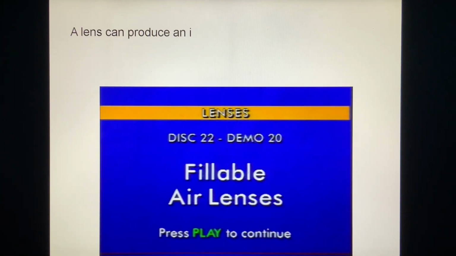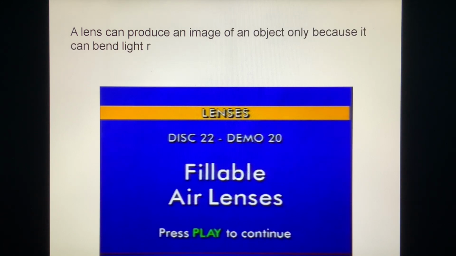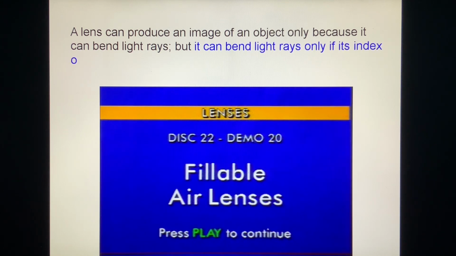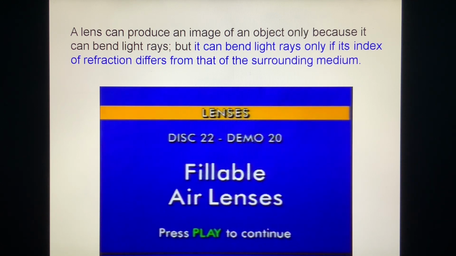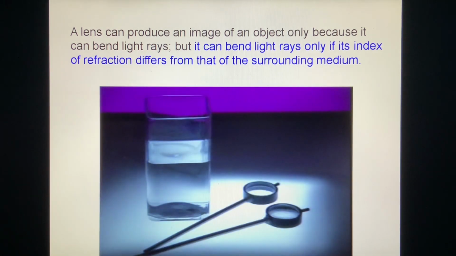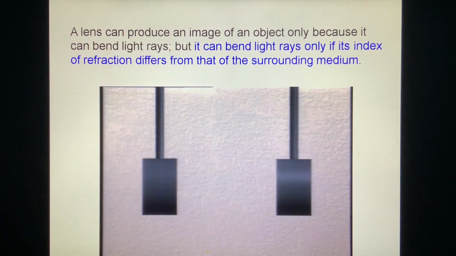A lens can produce an image of an object only because it can bend light rays. But it can bend light rays only if its index of refraction differs from that of the surrounding media. This is a pair of hollow lenses with thin plastic faces and air in between, as shown in this diagram.